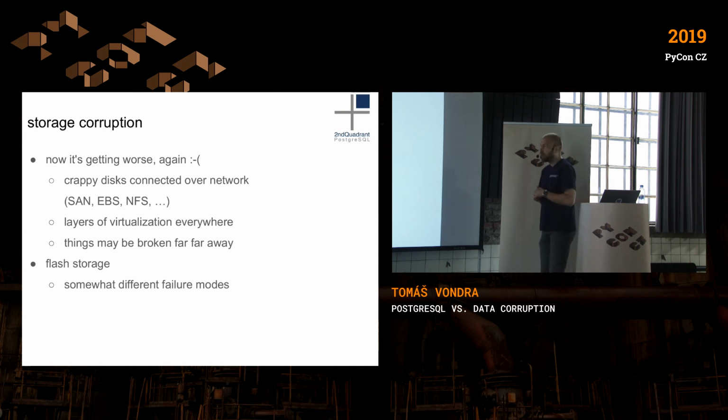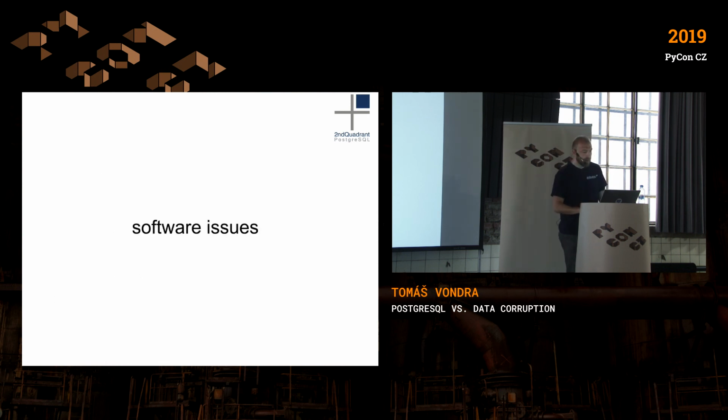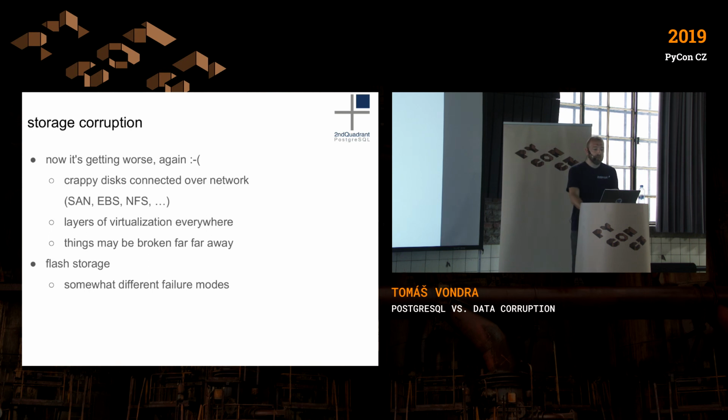That's especially true for enterprise SAN appliances, which sometimes do funky stuff under the hood. So for example, you start migrating volumes or whatever, and data get mixed up or something, right? So that's storage corruption. I will give you some advice on how to configure and pick hardware at the end.